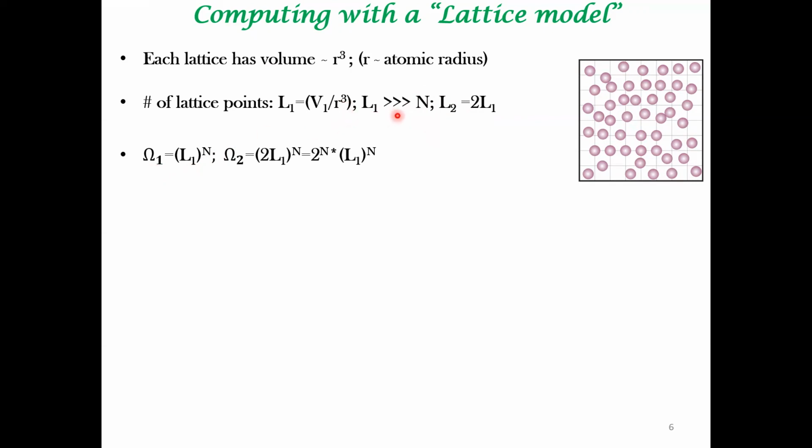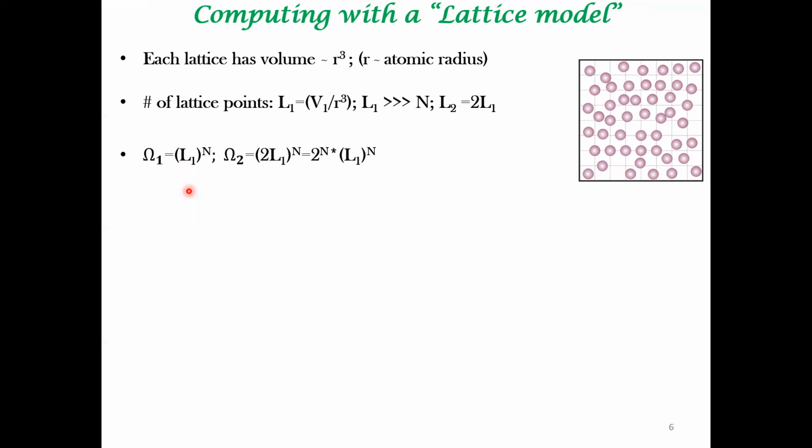The number of ways I can distribute it is L1 minus 1, but because L1 is so large compared to 1 or N, I can say the second atom can also be approximately distributed in L1 ways. So is the case for the third atom, the fourth atom, and up to the nth atom. So the number of ways of distributing N atoms into L1 lattice sites is this quantity.